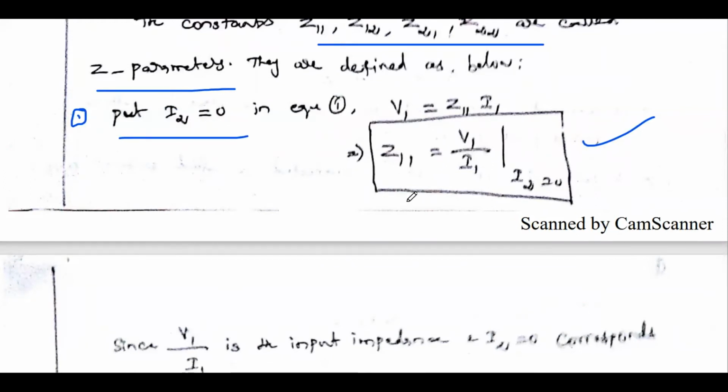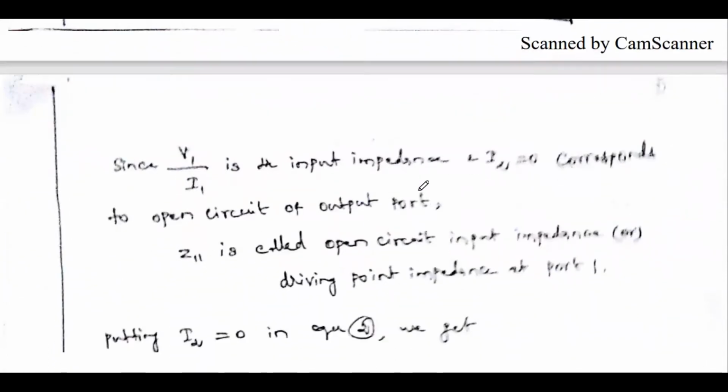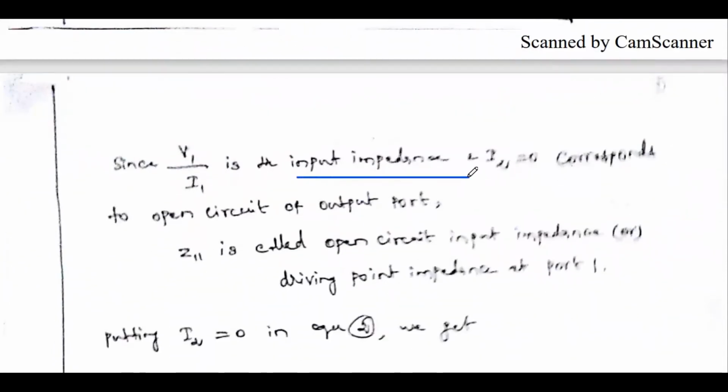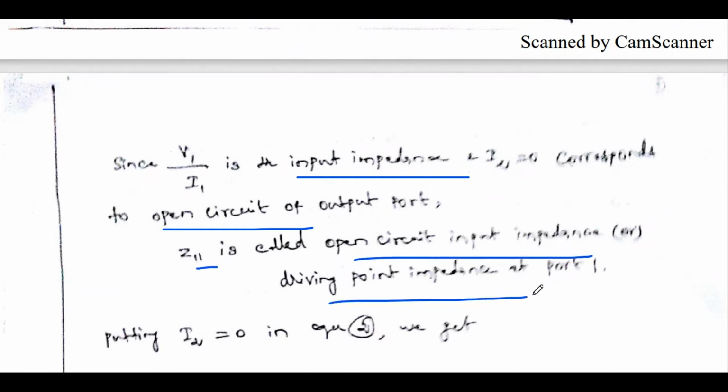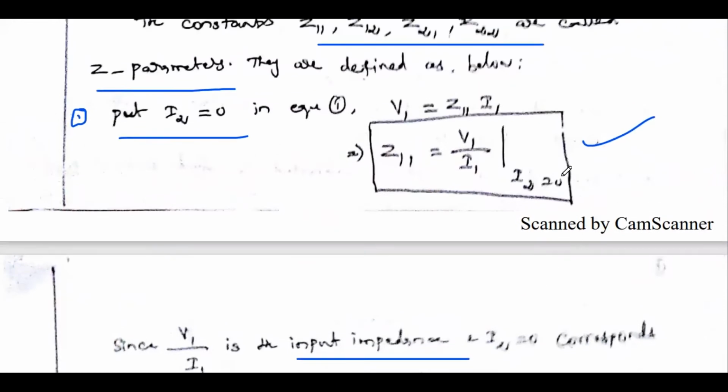That's why Z11 is called the input impedance, or open circuited input impedance. Why is Z11 called the open circuited input impedance, or driving point input impedance? Whenever the output port is open circuited, we are calculating the Z11 value. So that's why Z11 is called the open circuited input impedance.